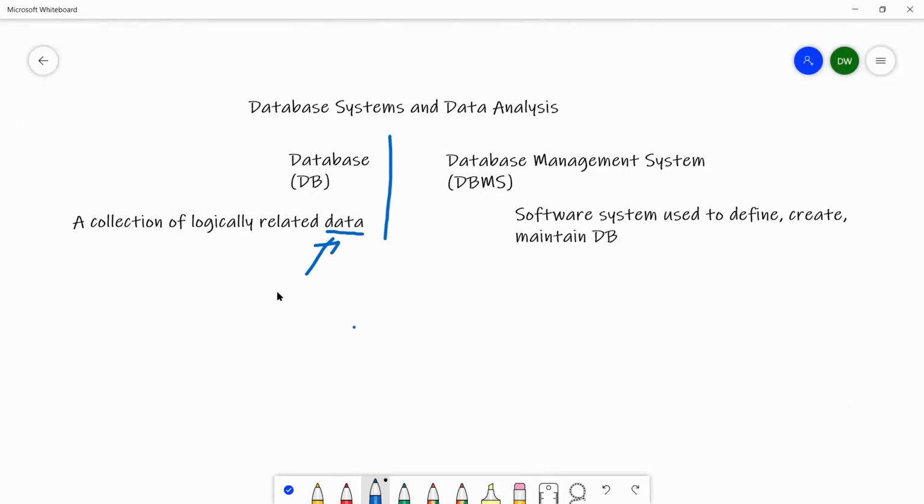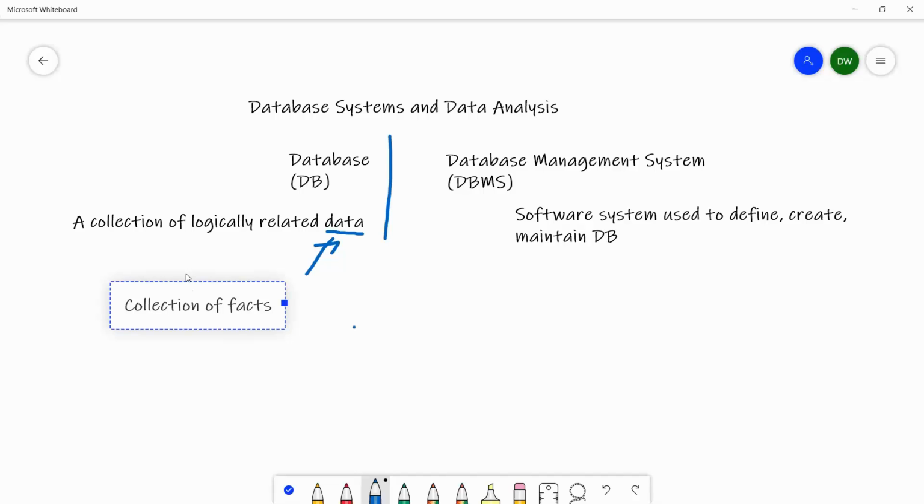So what do we mean by data? When we talk about data, we mean a collection of facts.